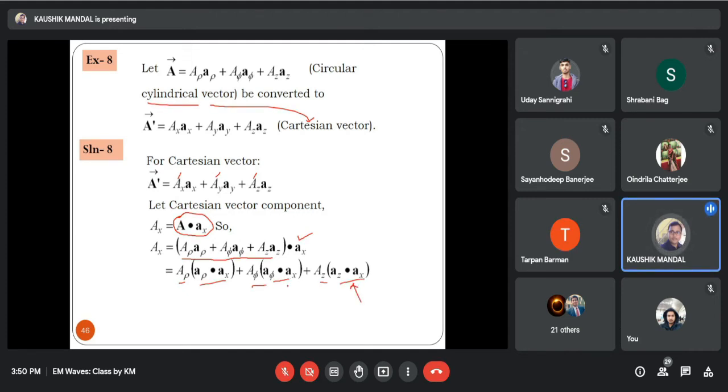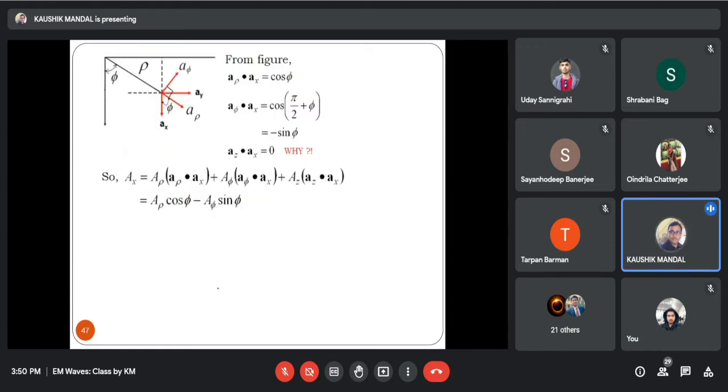You have to now find out these three dot products either using the equations or using the figures. For simplicity, we have used the figure.